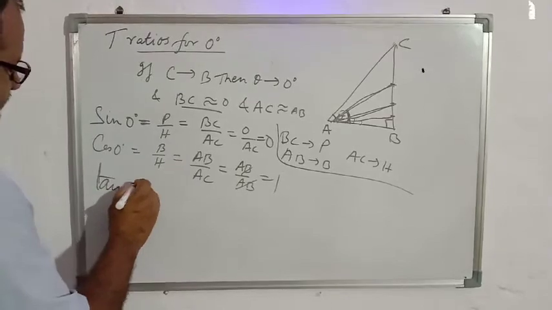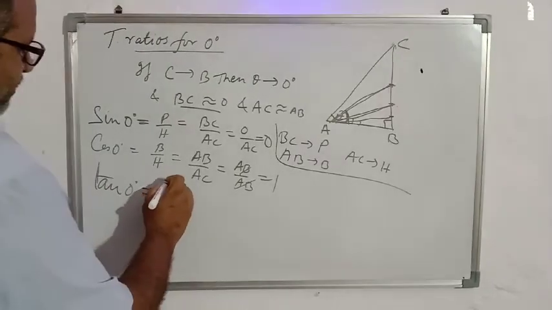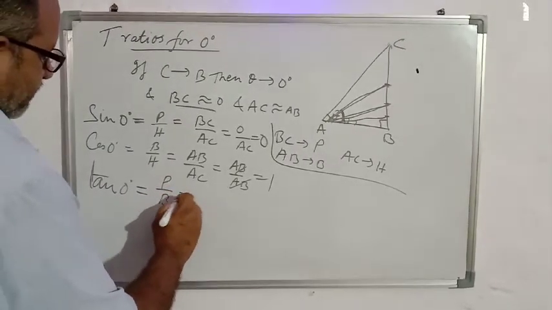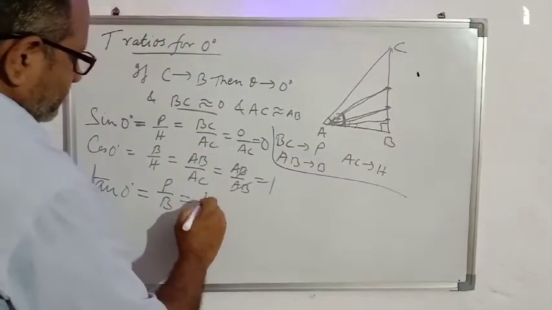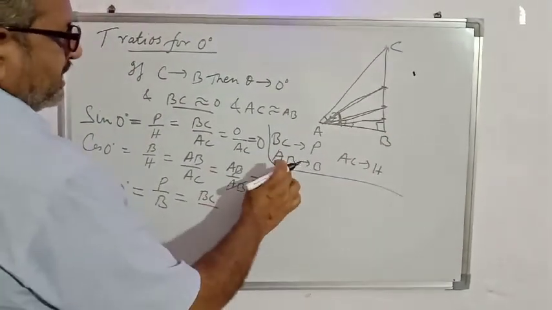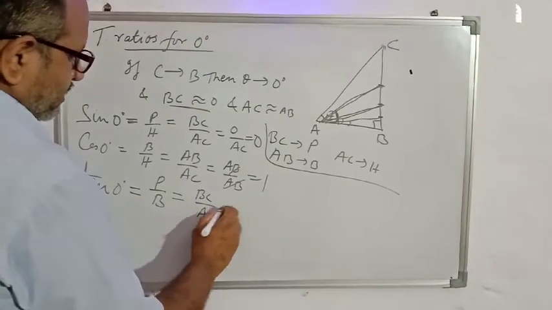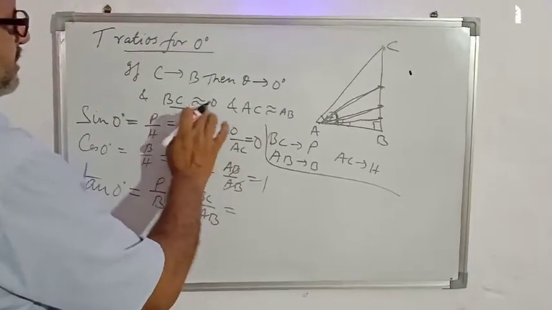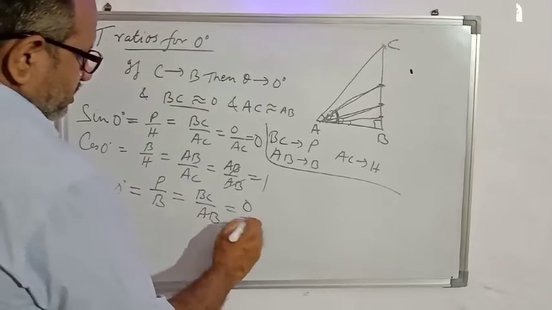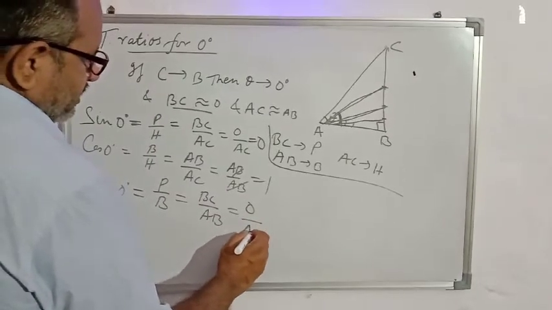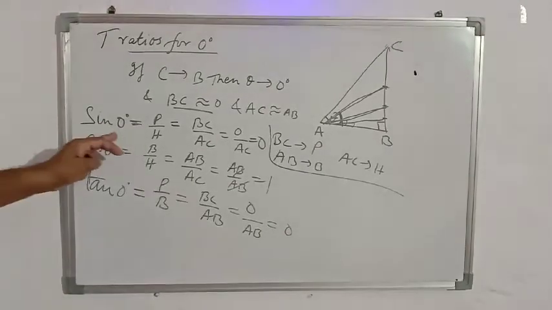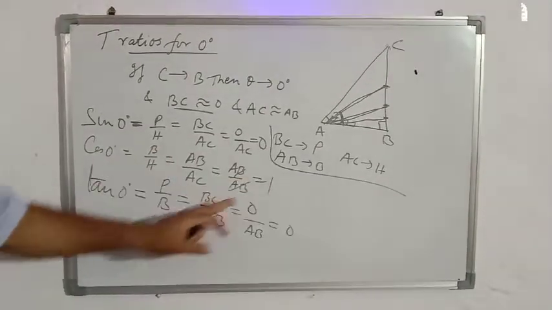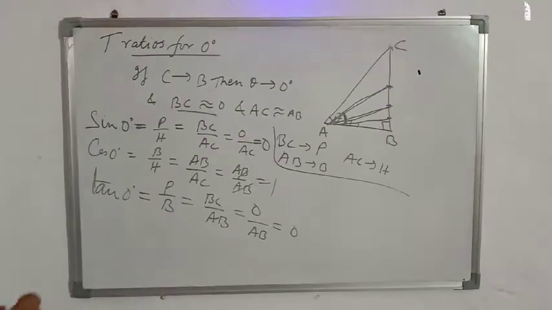Tan 0 is perpendicular by base. Perpendicular is BC. Base is AB. What is BC? BC is almost 0. And 0 divided by AB will be 0. So sin 0 is 0, cos 0 is 1, tan 0 is 0.